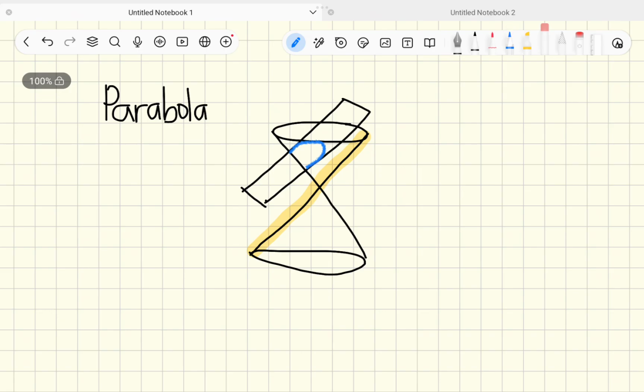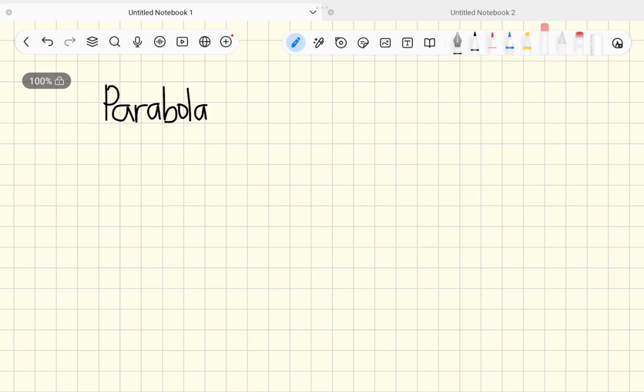So for instance, suppose this is your y-axis, and your x-axis. And then you have your parabola.